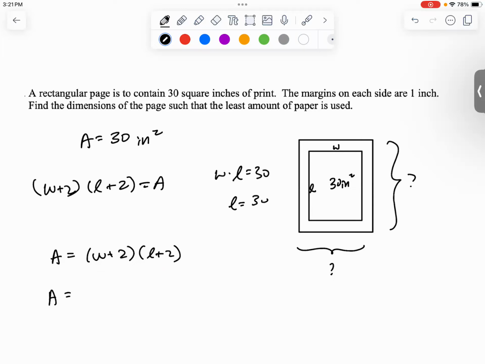We can always use the given information because width times length is equal to 30. So I can either solve for L or solve for W so that I can substitute in. And I can do my FOIL.